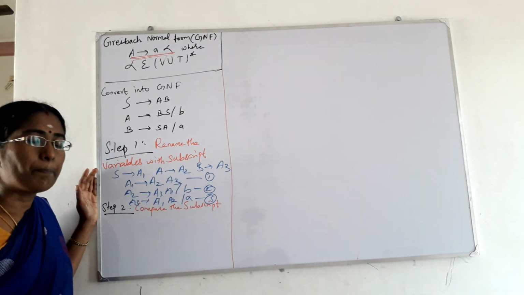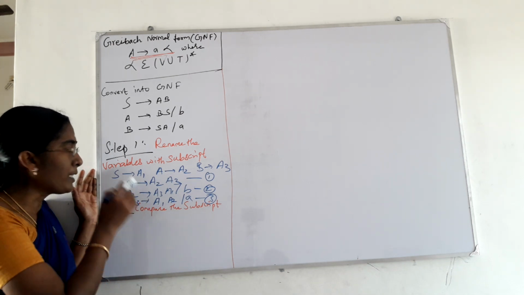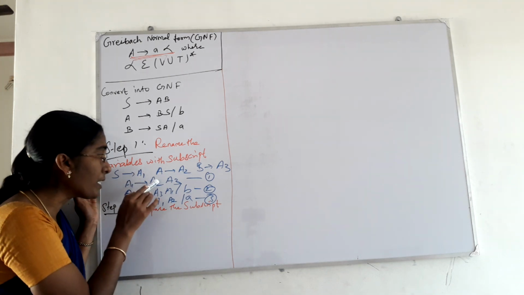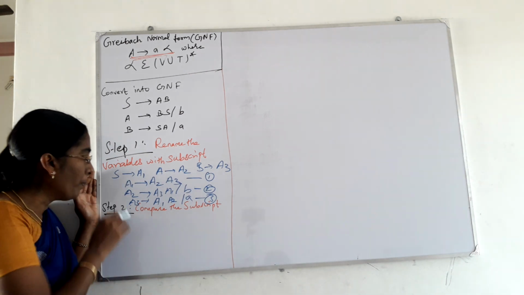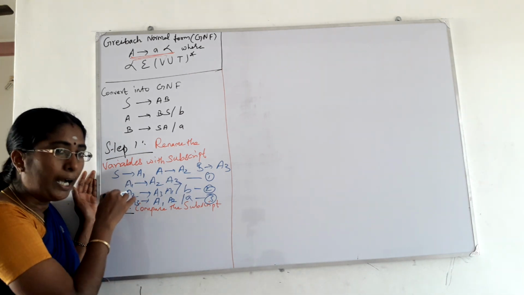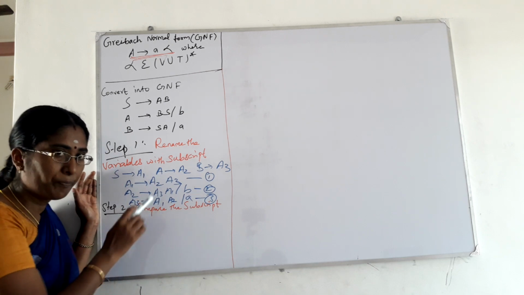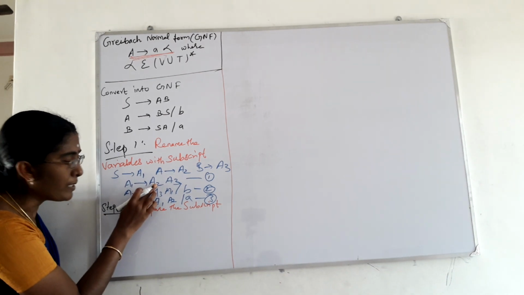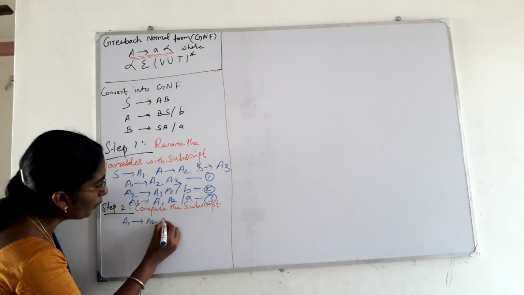Next step is we have to compare the subscripts. Compare the subscript of the variable on the left hand side and the first variable on the right hand side of the production. Only the first variable. Consider the first production, A1 implies A2 A3.